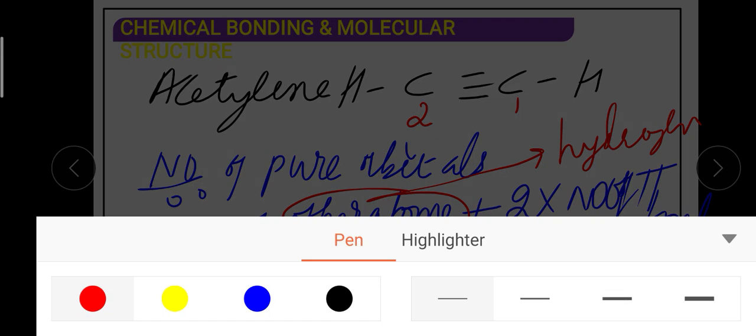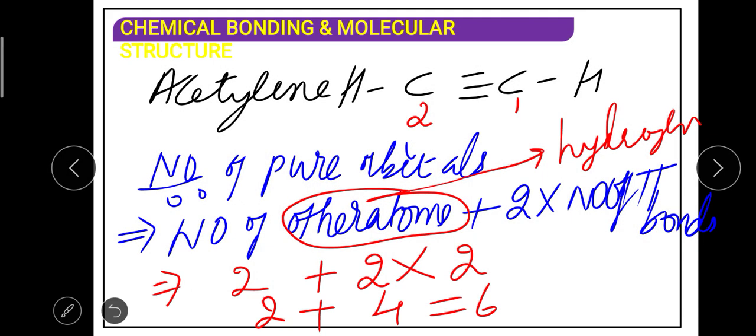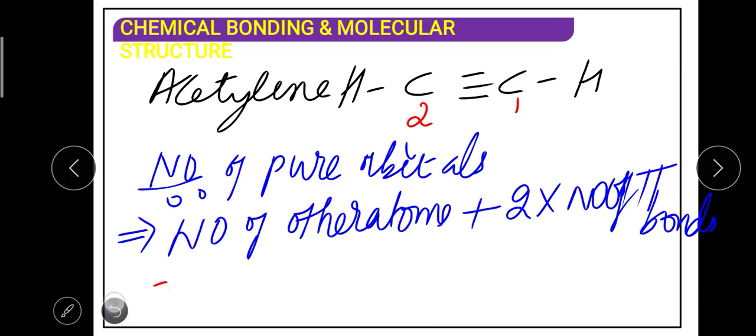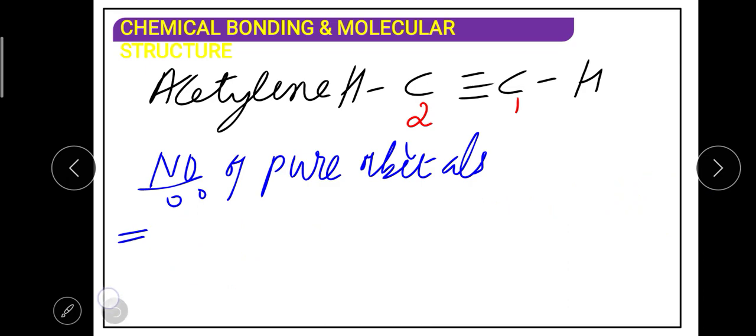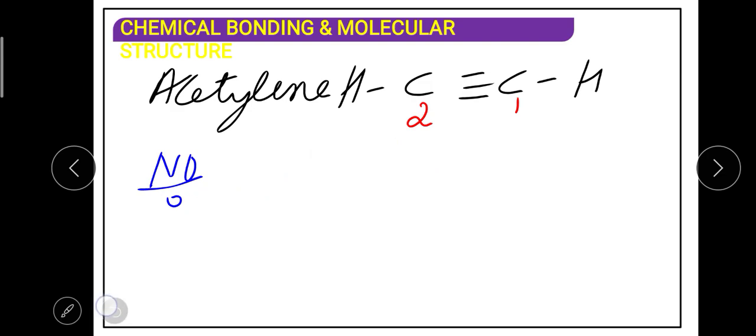Now they are asking what the ratio is. We will move on to the ratio. Please make a note of this. Now you got the number of pure orbitals as how much? 6. Now similarly, you work out the ratio.